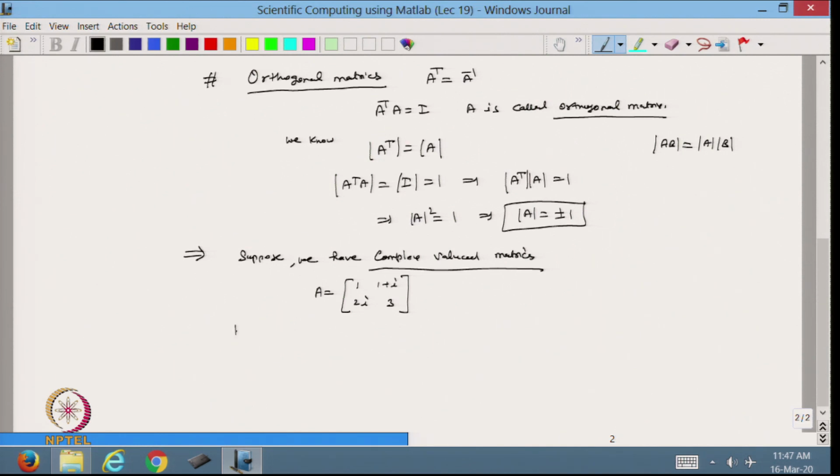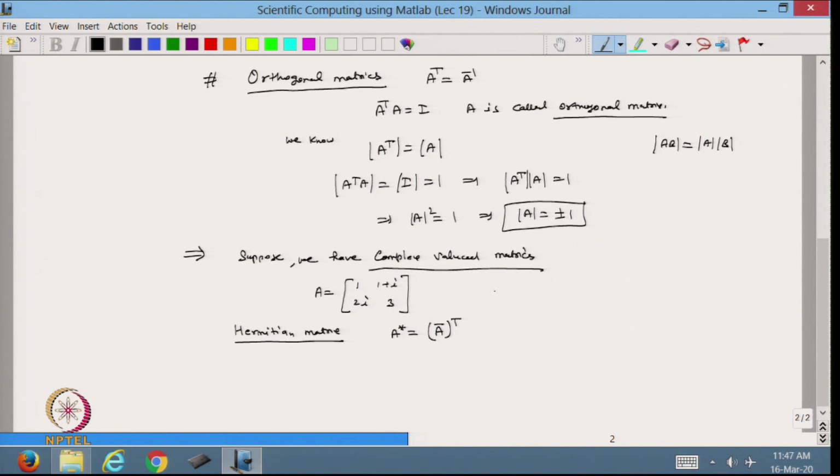symmetric matrix, so there is a condition that Hermitian matrix. So, Hermitian means in this case I will define A star. So, A star will be A conjugate transpose.